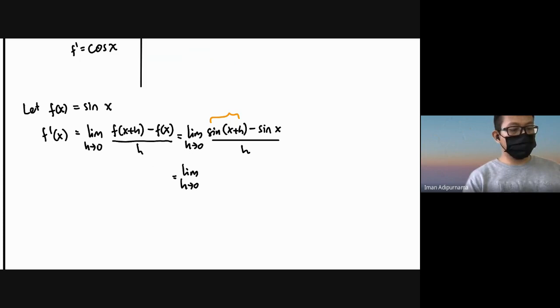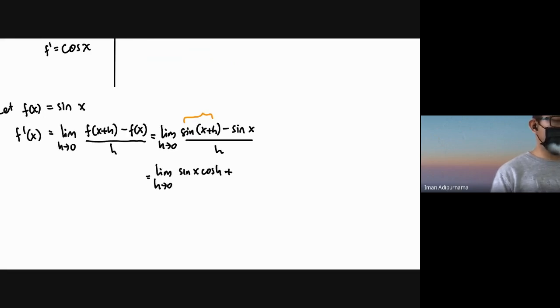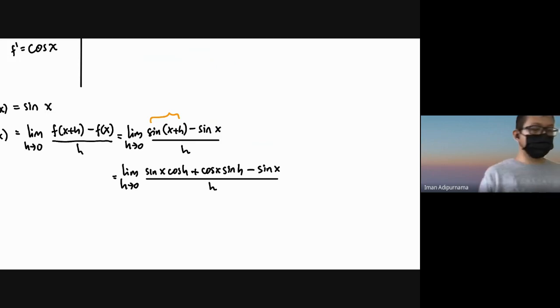So sine will be sine x cos h, plus cos x sine h, and then minus sine x, divide the whole thing by h.